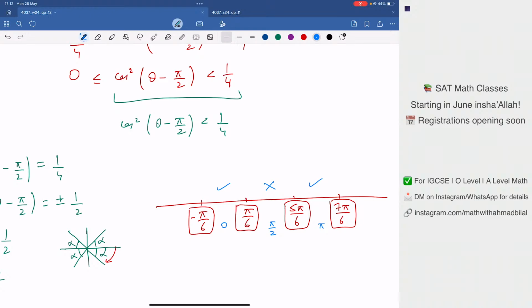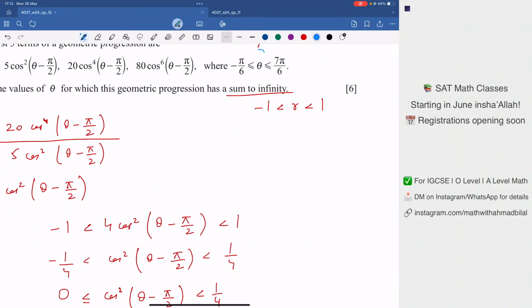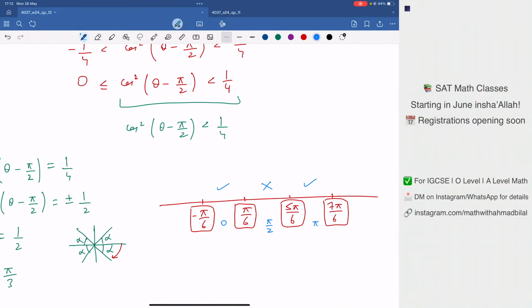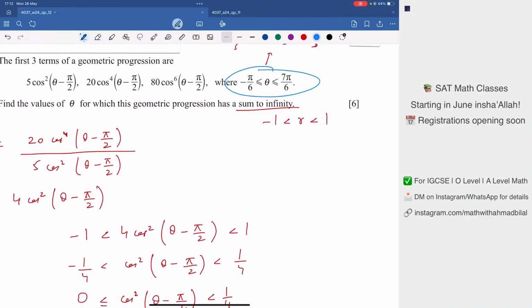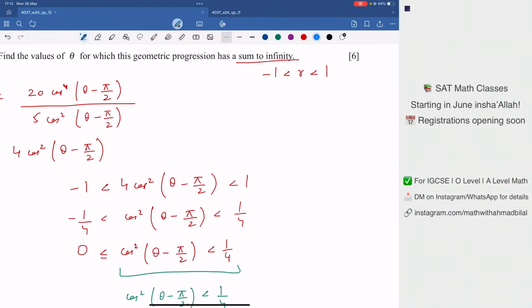I'm sorry about that. Since the condition is theta is between these two values, we don't have to check beyond them. That simplifies our working. We only have these 3 regions to check: 1, 2, and 3. That's enough because the interval that's given is between minus pi over 6 and 7 pi over 6. We don't have to go beyond that interval.